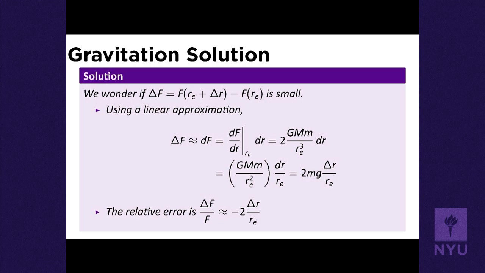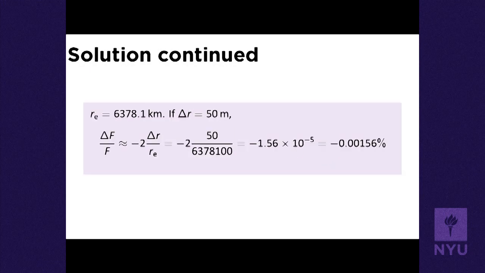Okay, so here's the derivative, and this is the number dr. So the relative error, that is the change in f divided by f, is negative 2 times the change in radius, that is the height of the building, divided by the radius of the Earth. So what is the radius of the Earth? If you go to Google and you type in what is the radius of the Earth, it tells you that it's 6,378.1 kilometers.